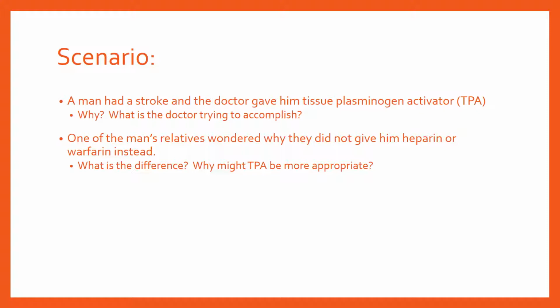So before we talk about this scenario, let's talk about plasminogen. What is plasminogen? Plasminogen is a plasma protein which is a proenzyme. As we remember, most everything in the blood that circulates in relation to clotting or coagulation is inactive. When plasminogen is converted to its active form, it's called plasmin.